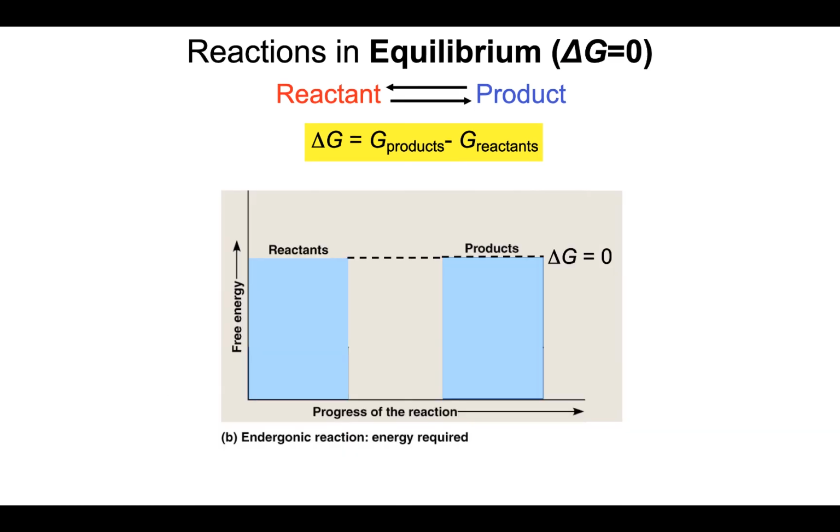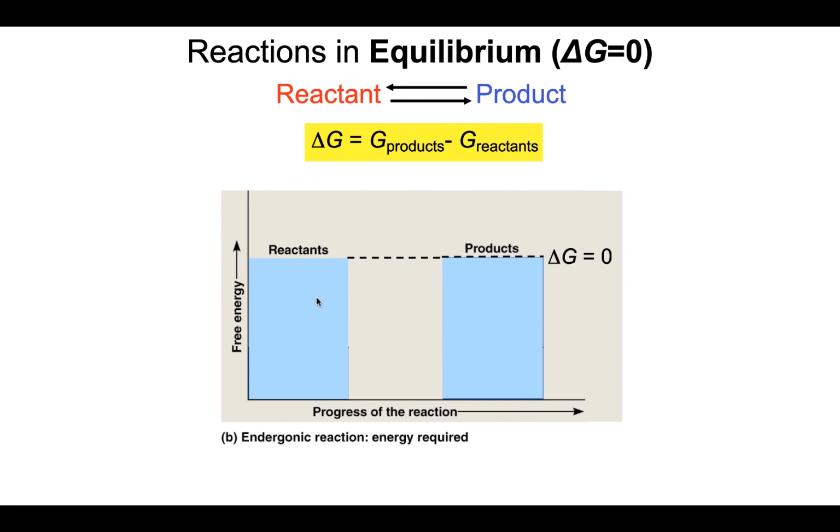And finally, what happens in the case when the energy of the products is equal to the energy of the reactants? Is it going to run in the forward direction? No. There's no difference in energy. Is it going to run in the reverse direction? No. Again, no difference in energy.